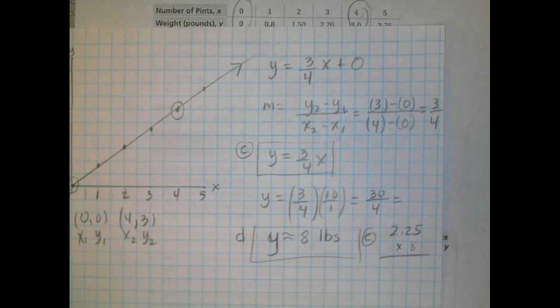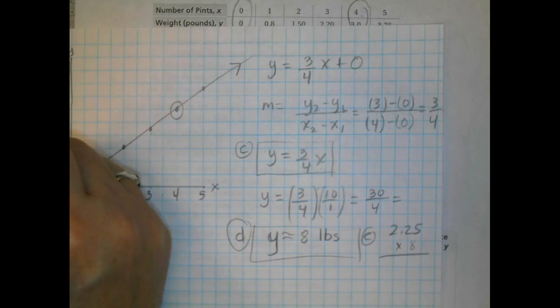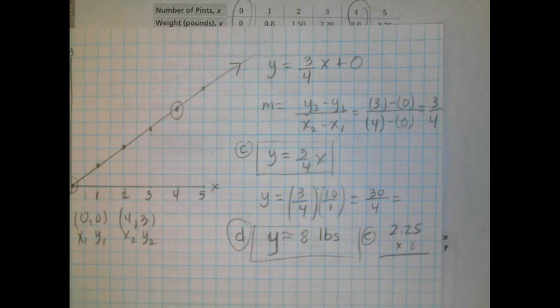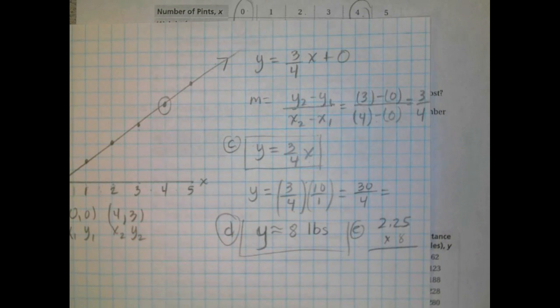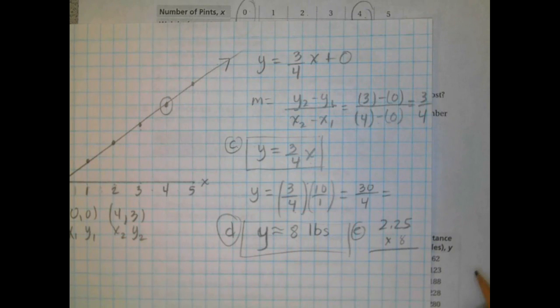Okay, so 225 times 8 is what? $2.25. So 2.25 times 8 is going to give you a total of... So 8 times 5 is what? 40.